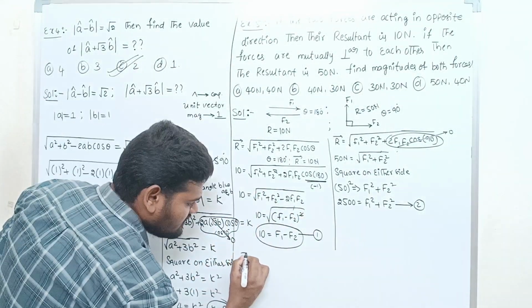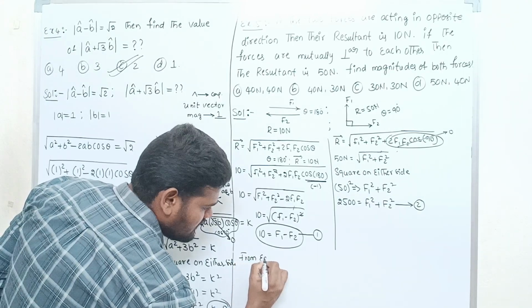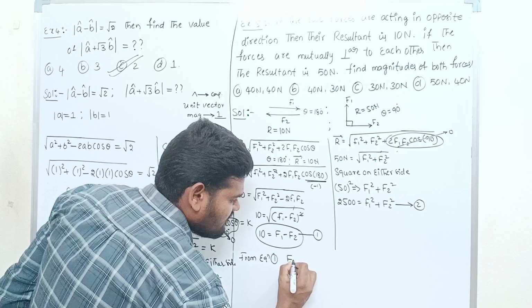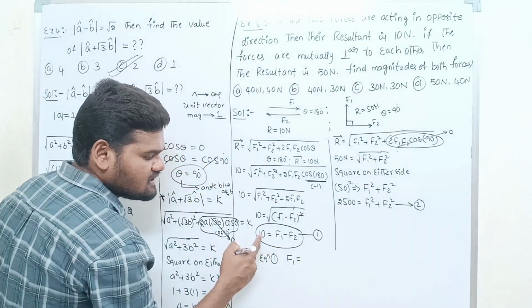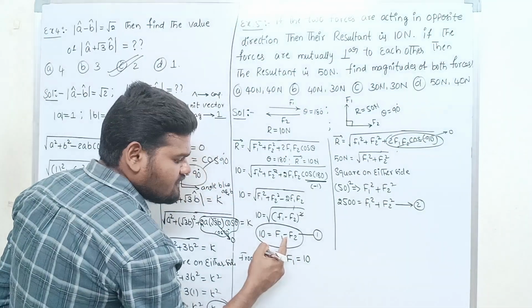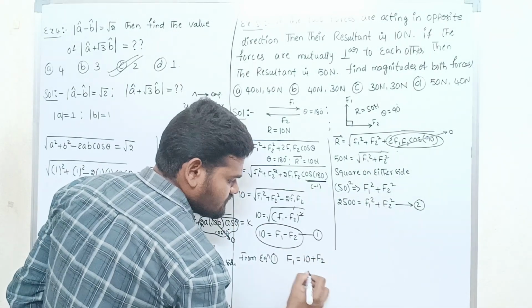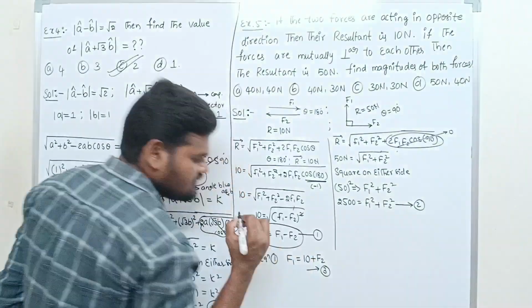So from equation 1, I'm just writing this equation as F1 is equal to 10 plus F2. If minus F2 comes to this side, it becomes plus F2. Let us say this is equation number 3.